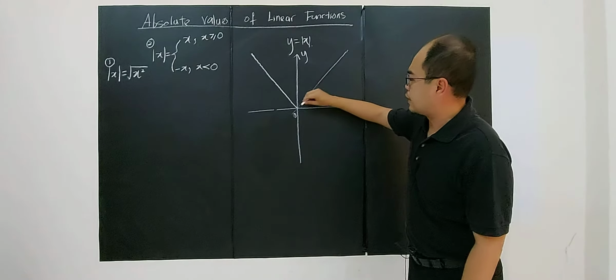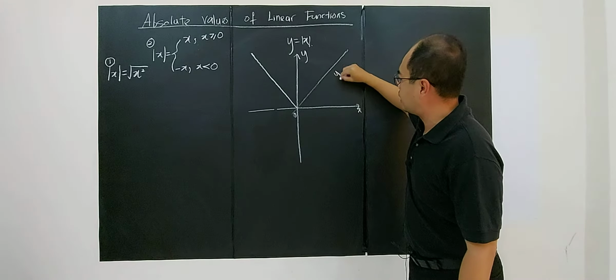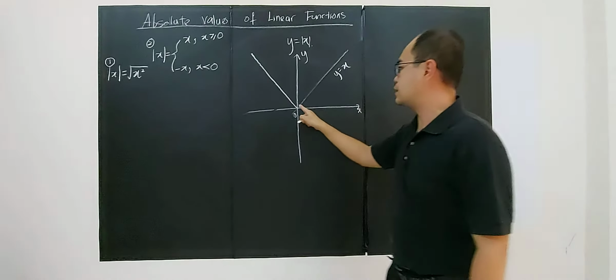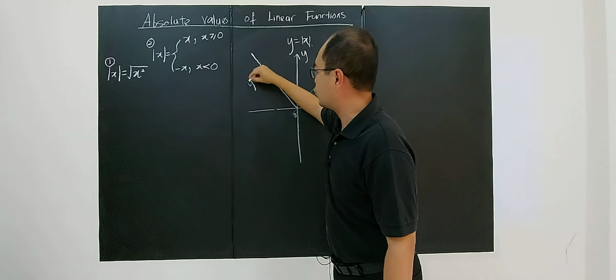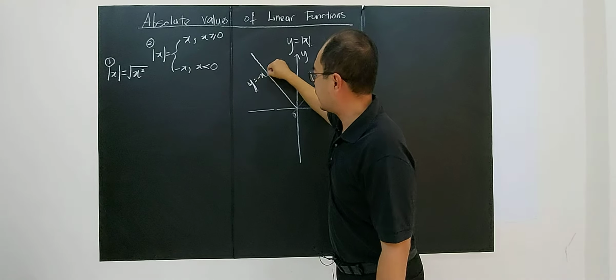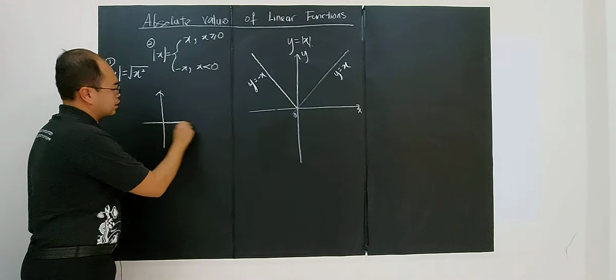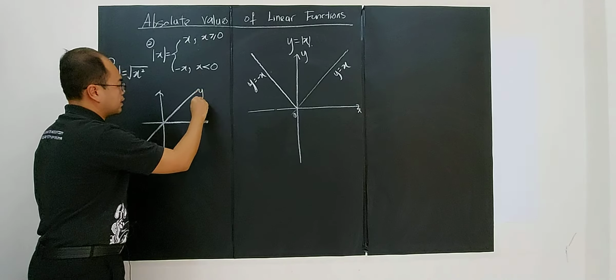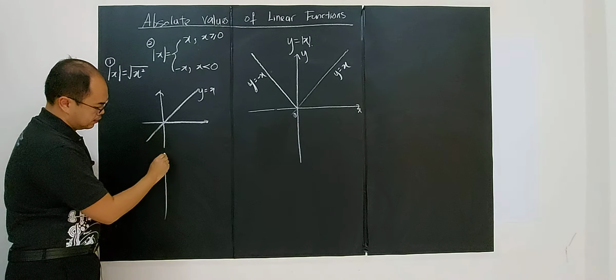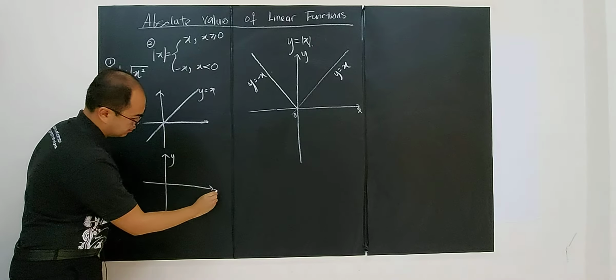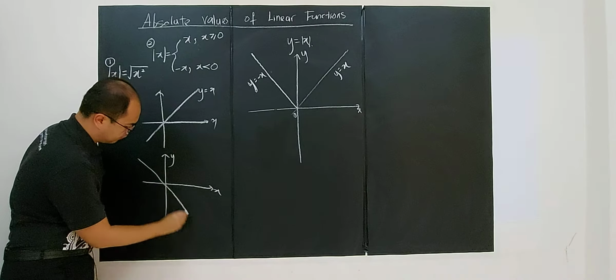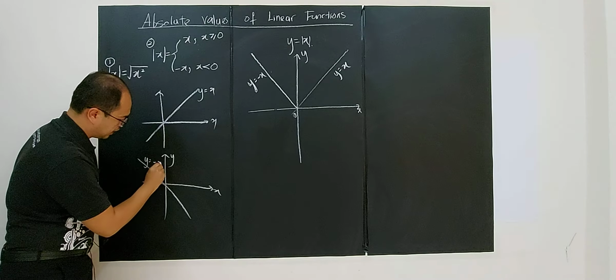As you see, this is the part of the graph for y equals to x, and this is the part of the graph of y equals to negative x. Right, this is the graph for y equals to negative x.